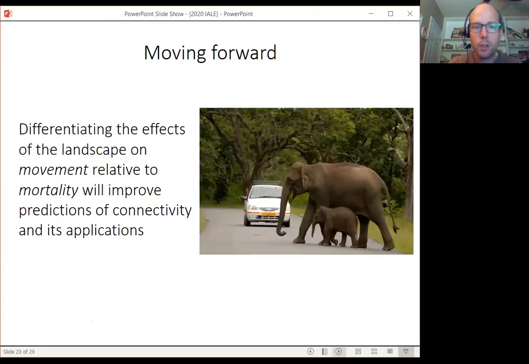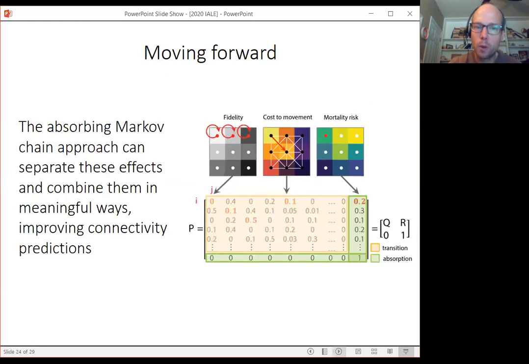So ultimately, we would argue that this framework can be quite helpful for interpreting movement relative to mortality for connectivity applications. And the spatial absorbing Markov chain is a really generalizable framework to approach this type of problem. And ultimately, other frameworks such as circuit theory can be considered a special case of the absorbing Markov chain.